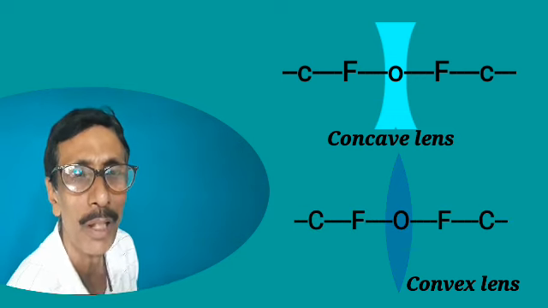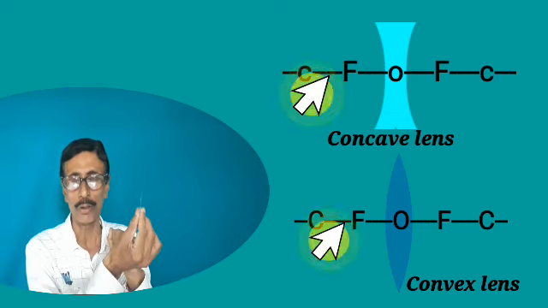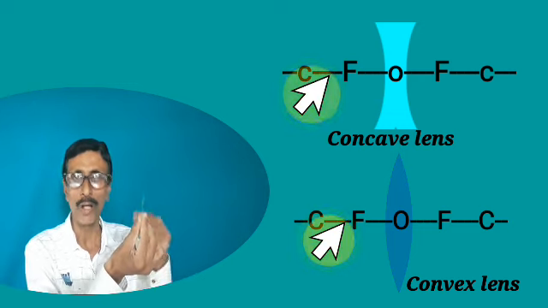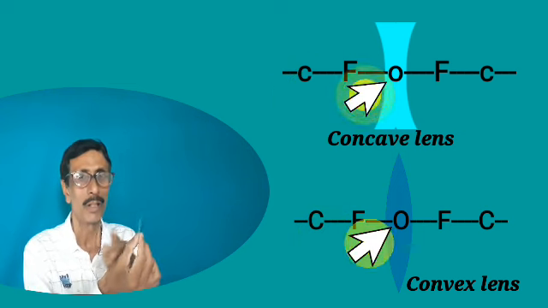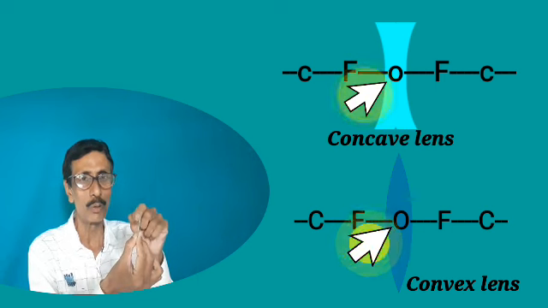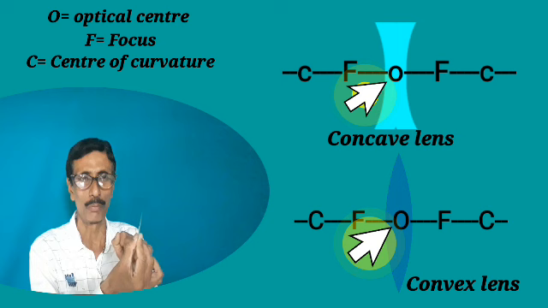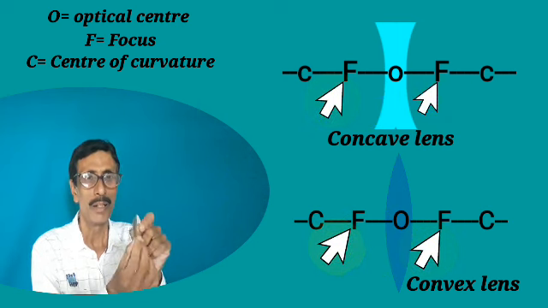We need to know some points of this lens. This is the principal axis. I have already said these points you've seen are the optical center. What is the name of the center? This is called the optical center.